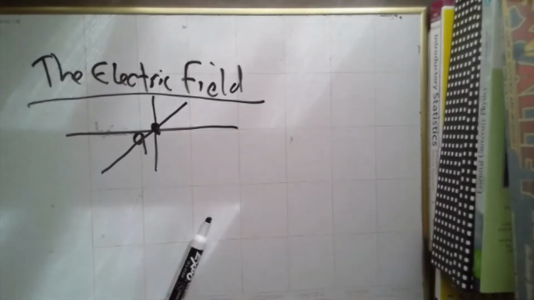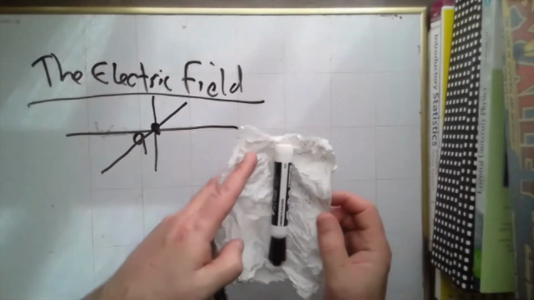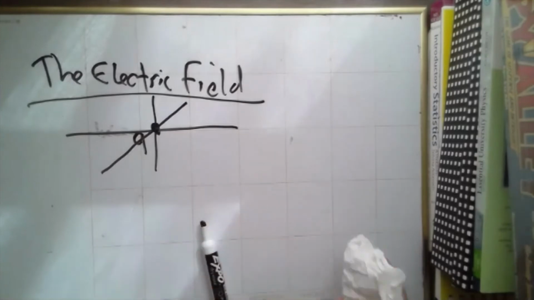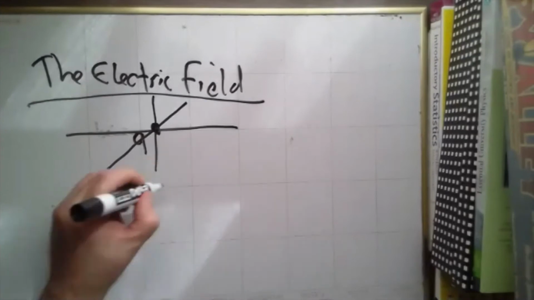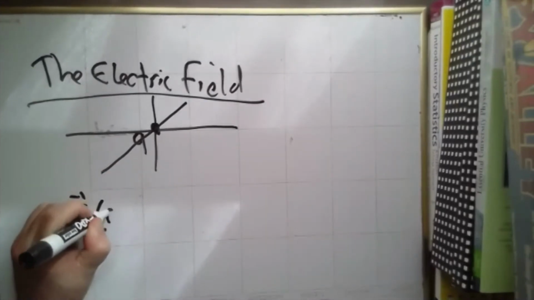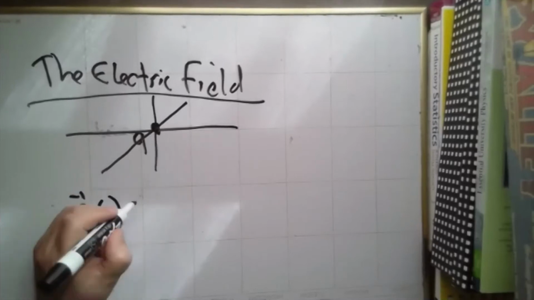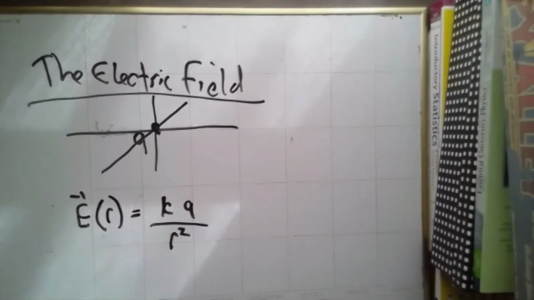This is the analogy we always use in gravity, and it's not a perfect analogy, but you could kind of think of it like you have some charge and it's warping space all around it. How much does it warp it? By this amount. The electric field, some distance r away from that charge, is kq over r squared.